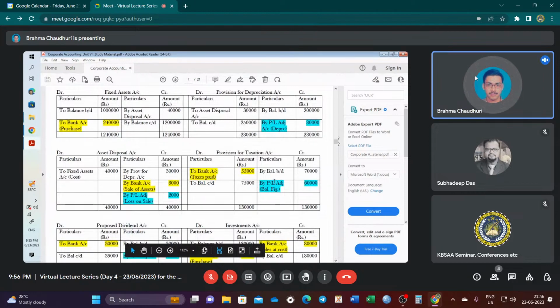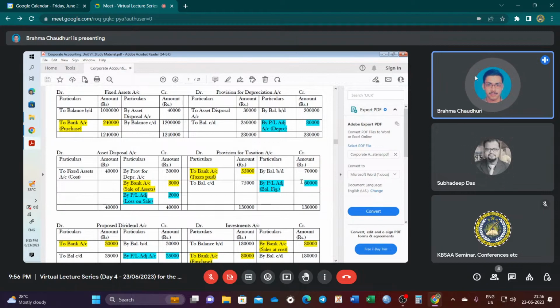So what is the closing balance? The balancing figure is 55,000 plus 75,000 less 70,000. So 1 lakh 30 less 70,000, so 60,000. So what is 60,000? That is the provision for taxation which has been created during this year.